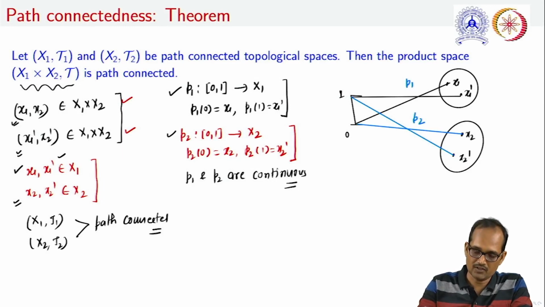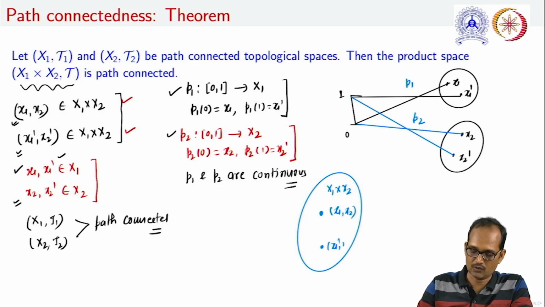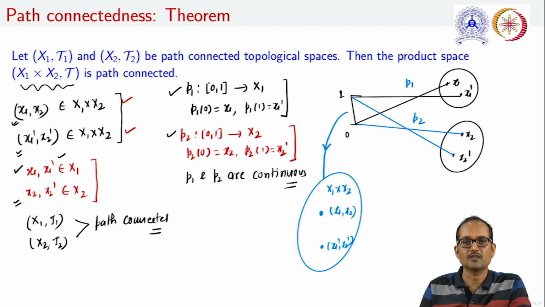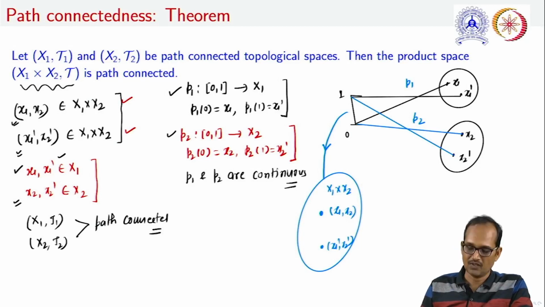Our motive is to construct a function from the closed interval 0 1 to the set X1 cross X2, where the points (x1, x2) and (x1 dash, x2 dash) lie inside X1 cross X2. The question is how to construct that continuous function. Recall the idea.